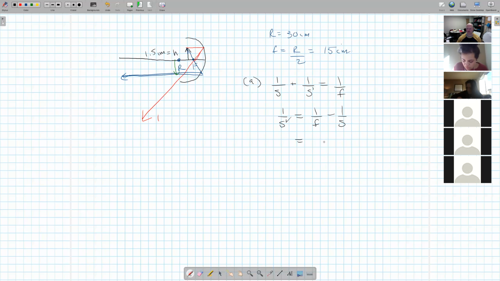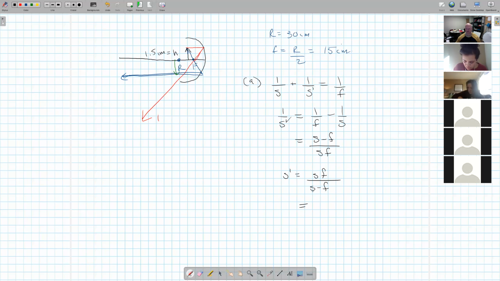Let's find a common denominator, which is F times S. I get S minus F divided by S times F. Finally, invert this. This tells me that my image distance is equal to the object distance times the focal length divided by the object distance minus the focal length.